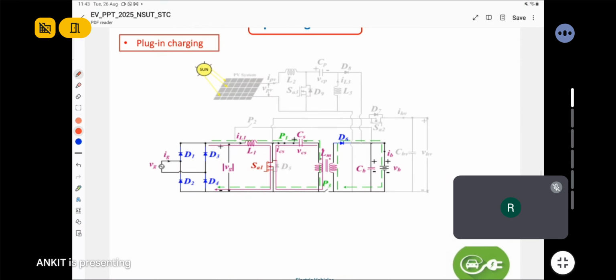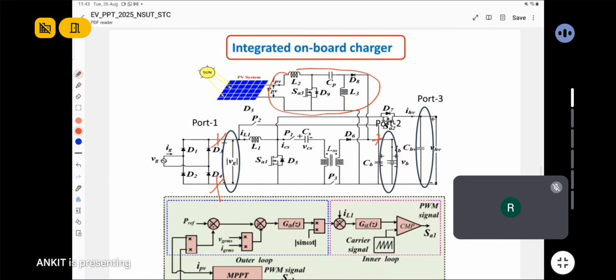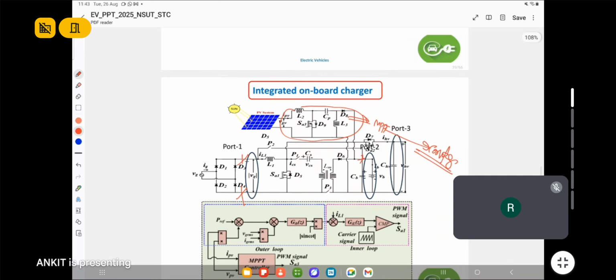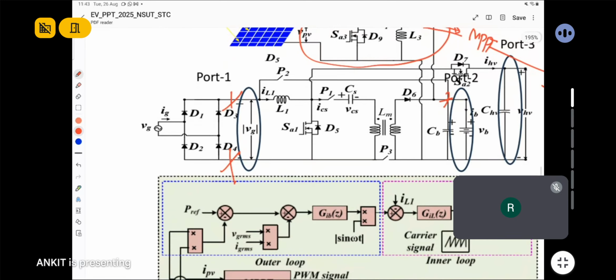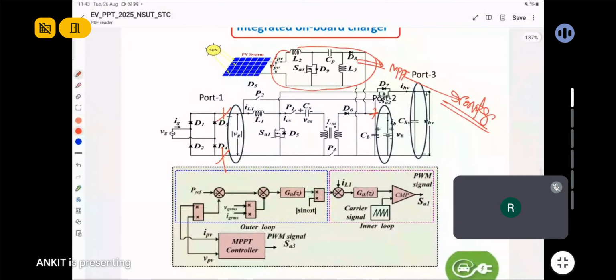So here we can see this converter works as an MPPT converter. Here P reference is the total reference power which is used to charge the battery.